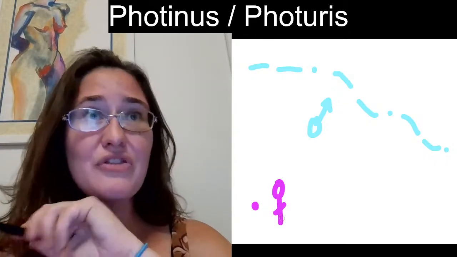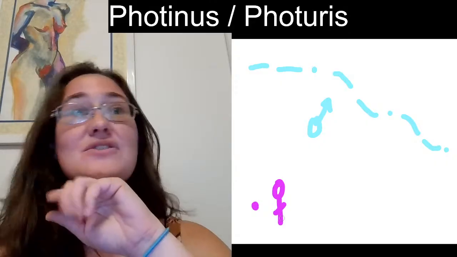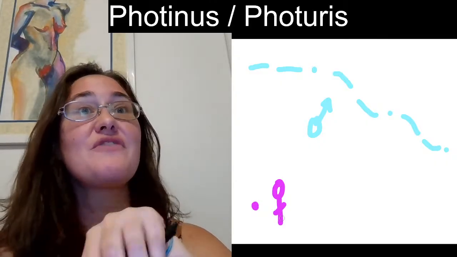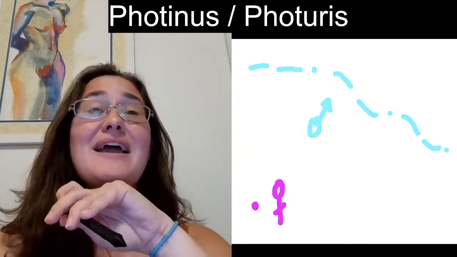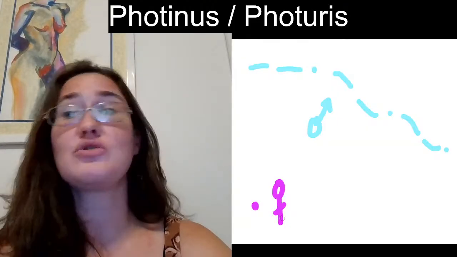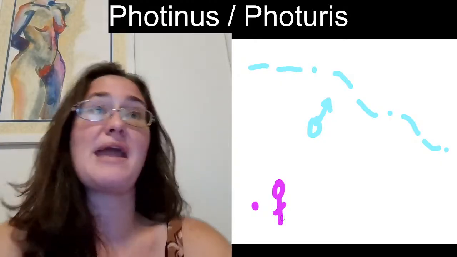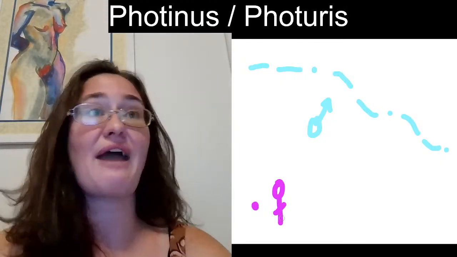So the Photurus fireflies, they got tricky. They do flash their own species' flash pattern to attract a male down so that she can mate and lay lots of eggs.